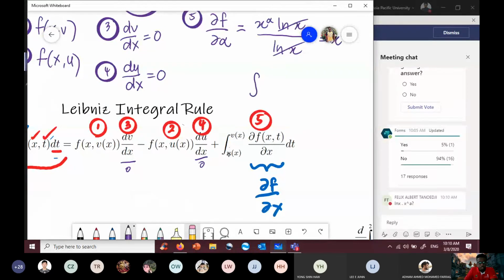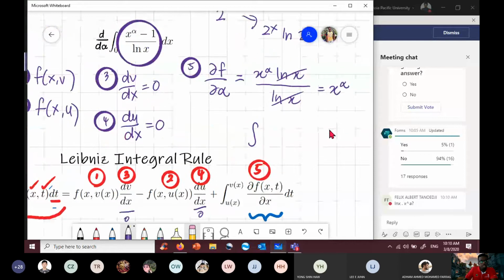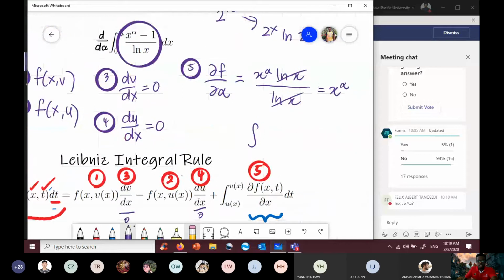It is the integral from u to v. What is my u to v? 0 to 1. Okay, it's not obvious here because it's blocking. My u is 0, my v is 1, so 0 and 1. The dou f over dou x, I get x to the power of alpha. Integrate with respect to the inner variable. What is the inner variable just now? x.